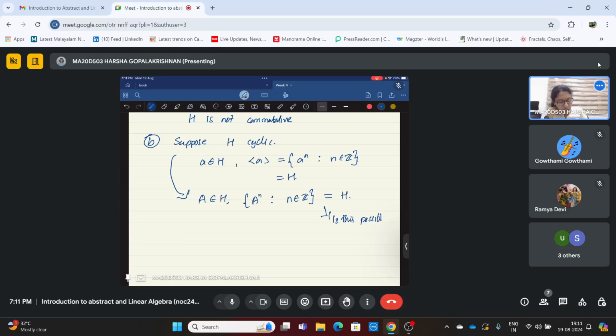What do you think? If I am taking any element from H and taking all the powers, that means A square, A cube, all the things, and the corresponding inverses also, whether this is same as H or not. Any idea?